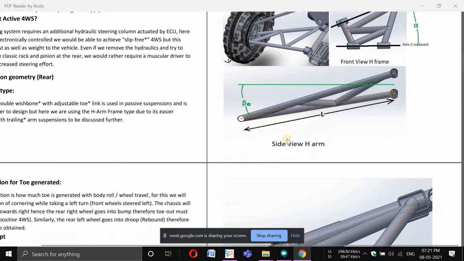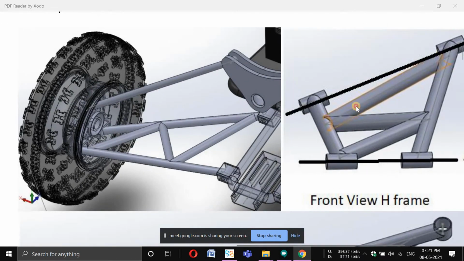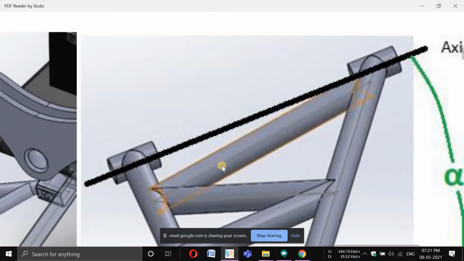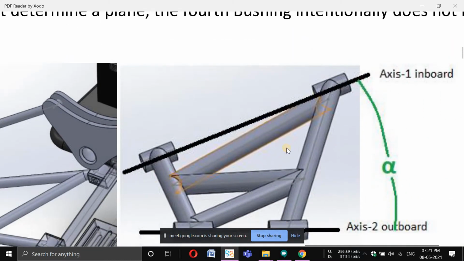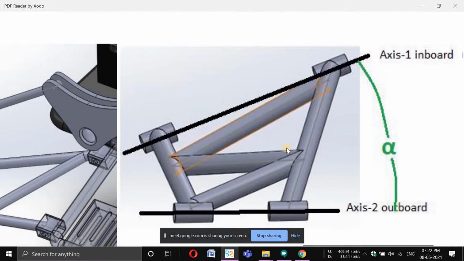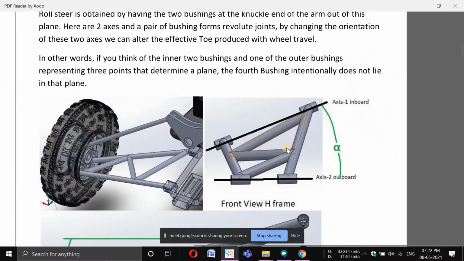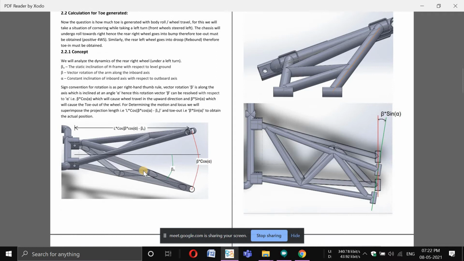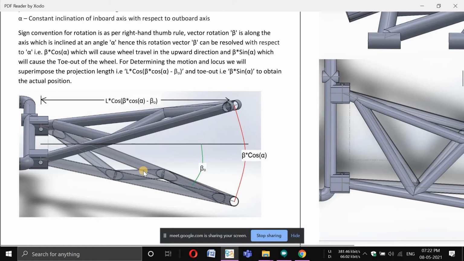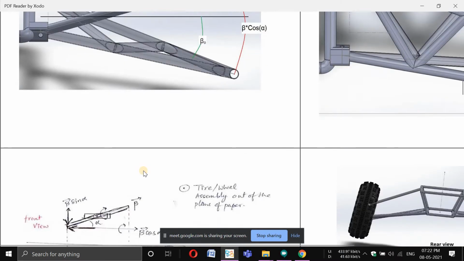This is the inboard axis, this black axis which I am talking about, axis 1, which is inboard. So the direction of beta is along this axis, and in this view we can see the magnitude.